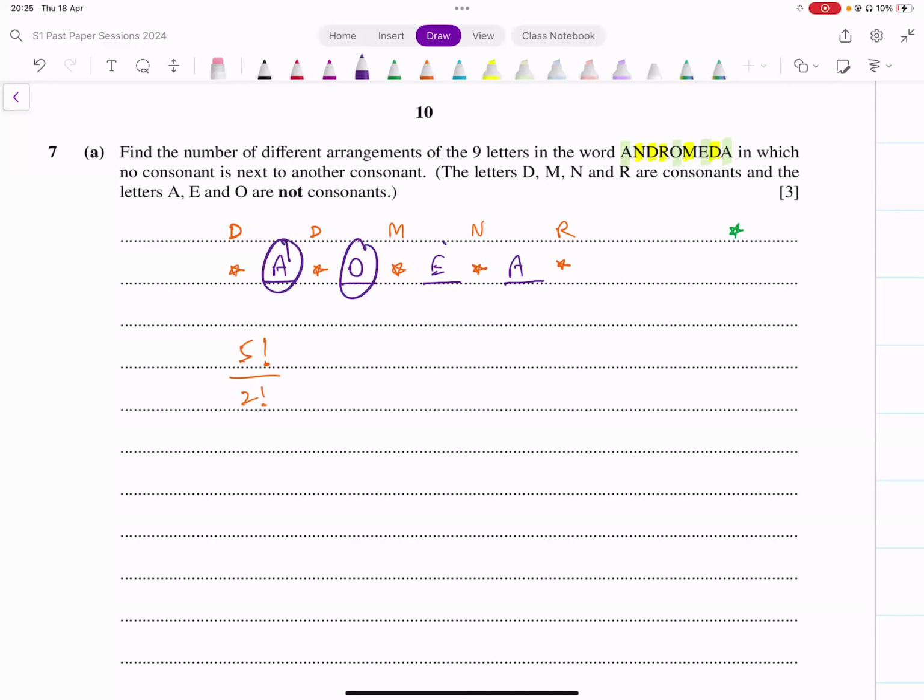We have A, O, E, A. They can switch places with each other, right? Vowels can switch places with each other. How many vowels do we have in total? 4. So that's 4 factorial. However, 2 of them are identical. There are 2 A's. We divide by 2 factorial because of that. And that's going to give us the result. What do we get from this?